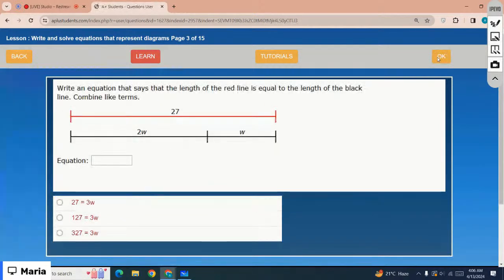Write an equation that says the length of the red line is equal to length of the black line. Combine like terms.